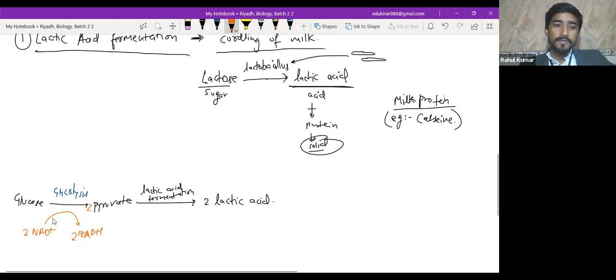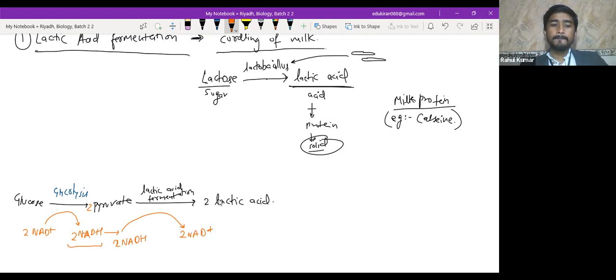And in this process, you remember these 2 NADH? These 2 NADH go in, and what happens here is oxidative phosphorylation, because there is less oxygen, so only these 2 can get oxidized and 2 NAD plus comes out.